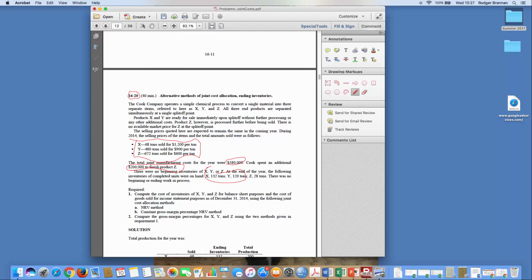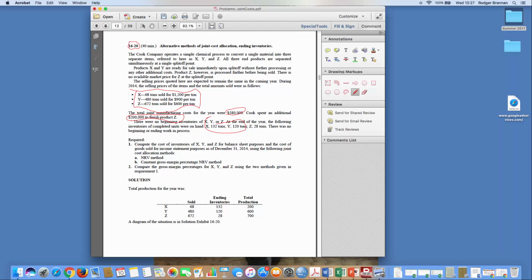All right, so given the basic information here, what they came up with in the solution is to make sure, again, how many units were produced, okay? The 200, 600, 700 for X, Y, and Z. You get that by an application of the B plus A equals E plus D formula, okay?